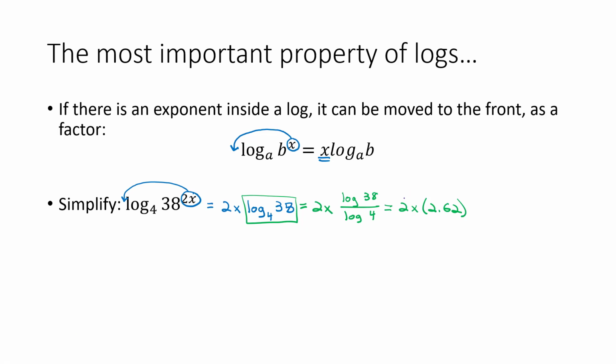We've got a 2 here that can be multiplied. Let's multiply the 2 times the 2.62 because it's all multiplied together, and we know that the commutative property of multiplication says that we can multiply in any order. So really that's going to be 5.24x as a simplified form.